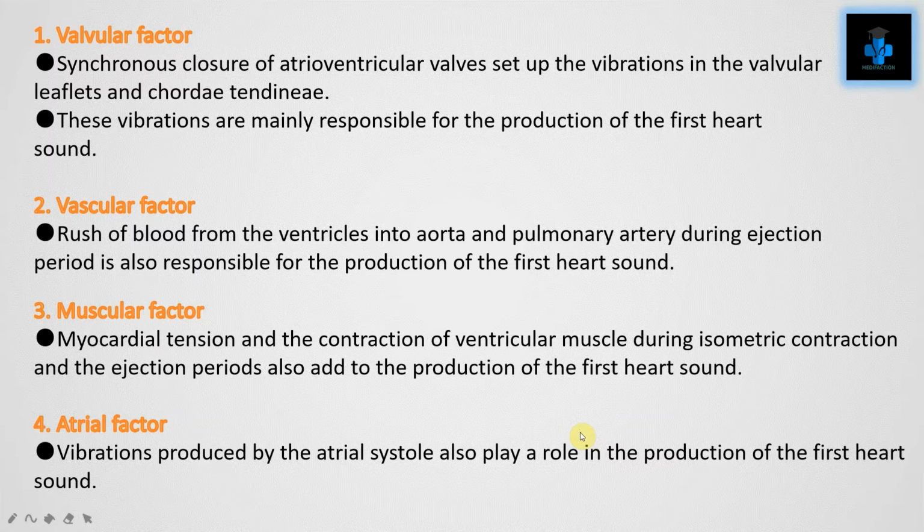Myocardial tension and the contraction of ventricular muscle during isometric contraction and the ejection periods also add to the production of the first heart sound. The fourth factor is atrial factor. Vibrations produced by the atrial systole also play a role in the production of the first heart sound.